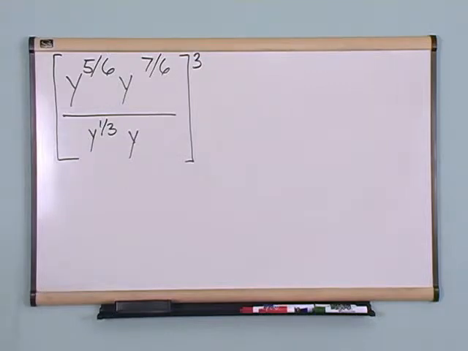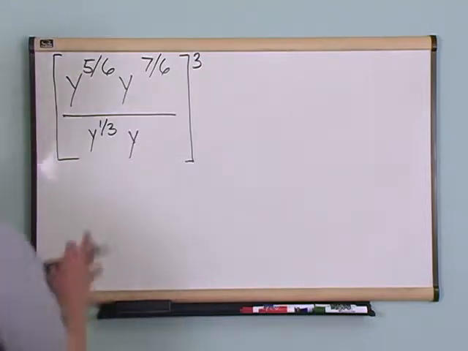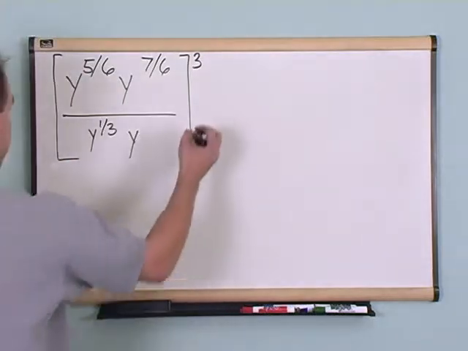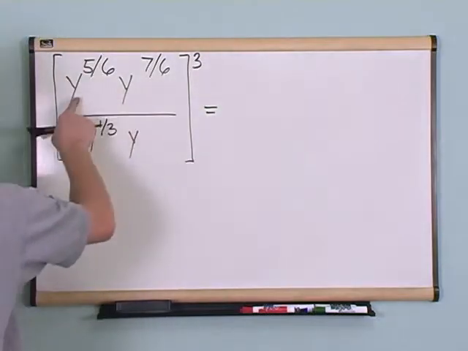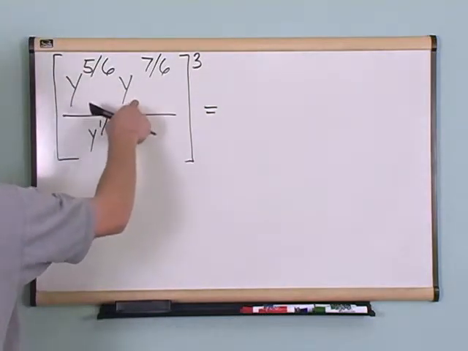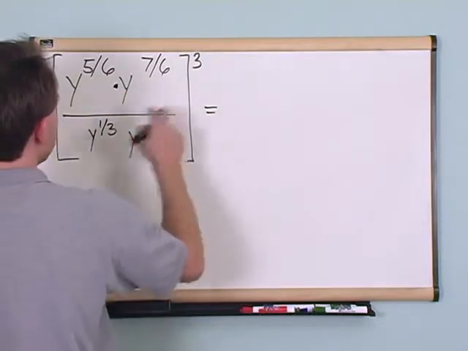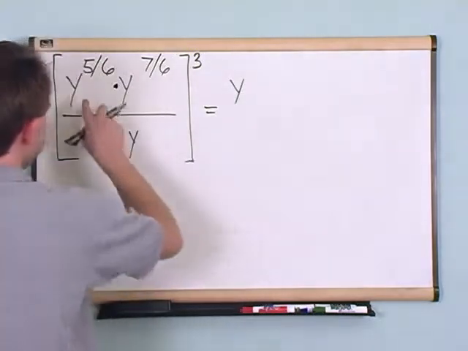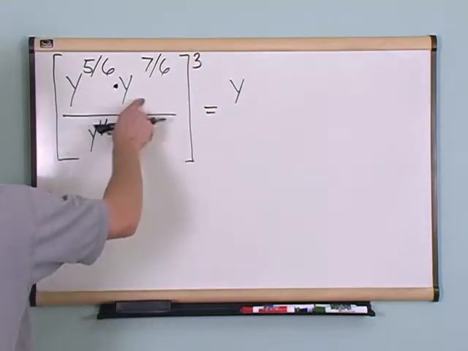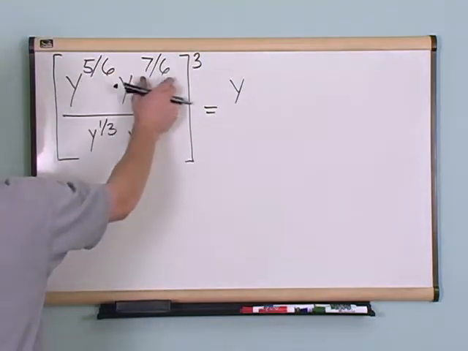Okay? But what you really want to do is take it very methodically, and so that's what we're going to do. On the top, I've got the same base and different exponents, so I can add those because these are multiplied together. So, in the top, I will have y raised to the 5/6 plus 7/6.